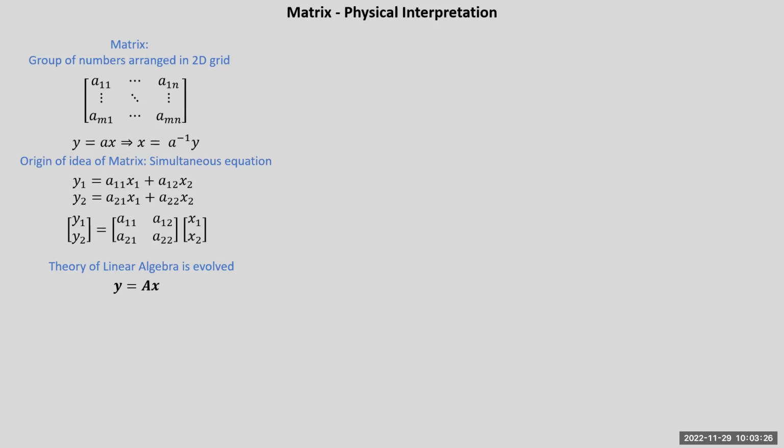Before we see the solution, we'll see one more important point. If you want to switch from the matrix equation to simultaneous equations for y1 and y2, how do you do that? There is a rule evolved in matrix multiplication, and this is the foundation for the same.